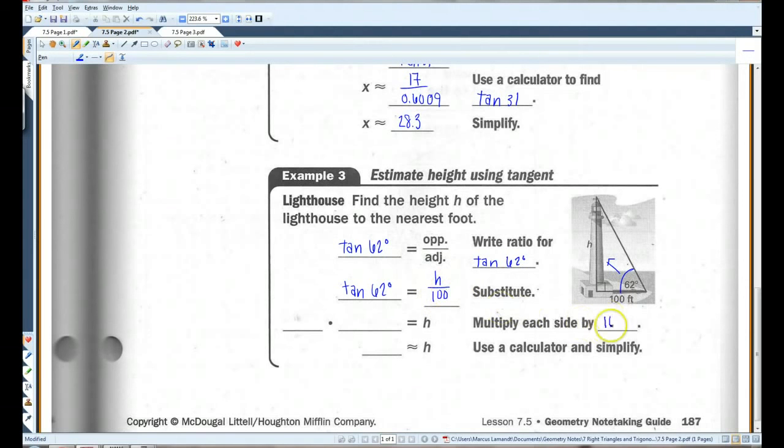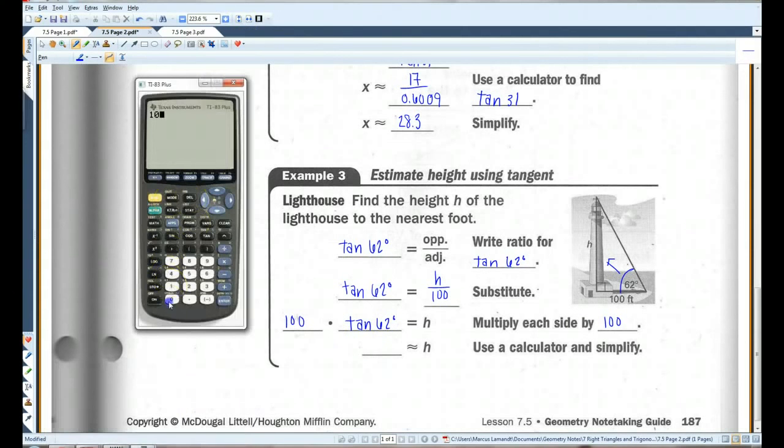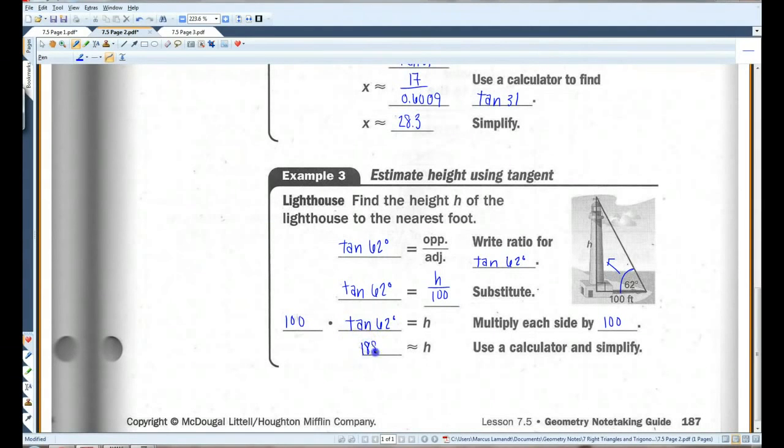I'm going to multiply each side by 100. So now I have 100 times tangent of 62 degrees, which is 188.07. I'll say 188.1. And this would be in feet.